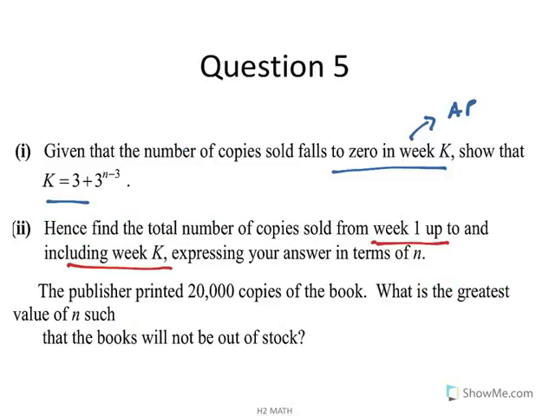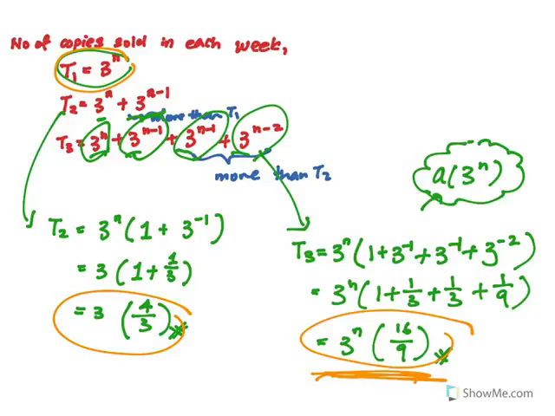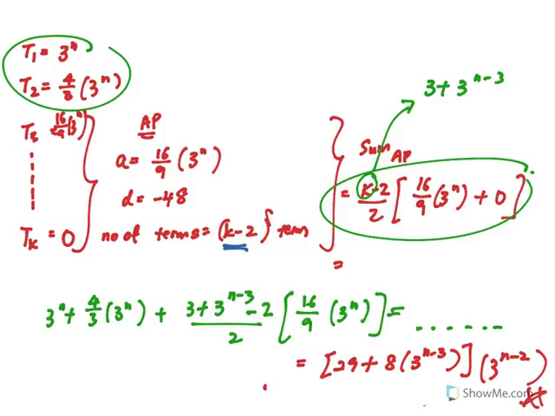Okay, last one. We want, for example, I published 20,000 copies of the book, and what's the greatest value of n such that the books will not be out of stock. Just now we already computed the summation in part 3.